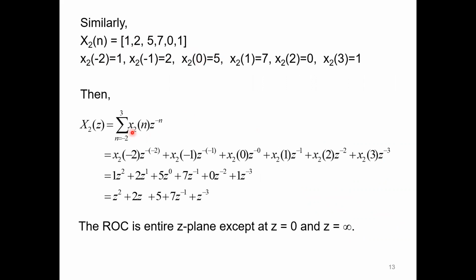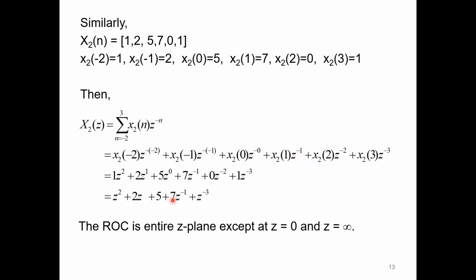So when you put it into the equation here, the summation is z to the -n. Remember that the time shift is -2, but there's another minus anyway in the summation. So negative time samples have a positive exponent eventually, because of two negative signs, and the rest is pretty much the same.